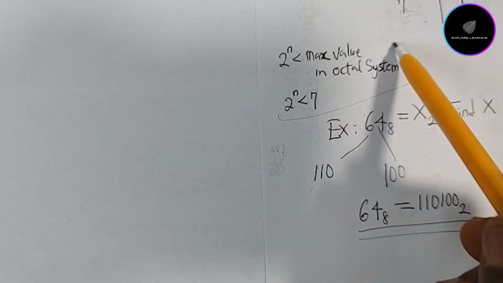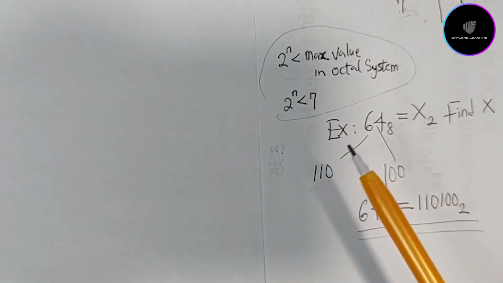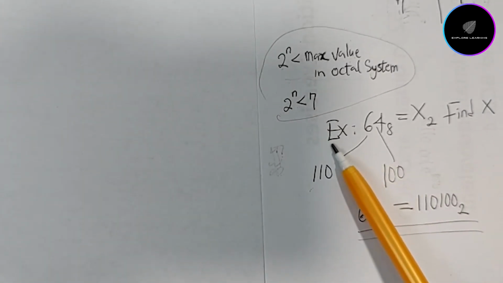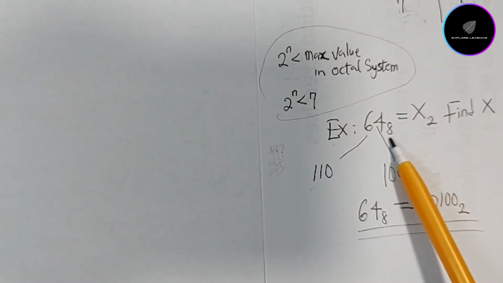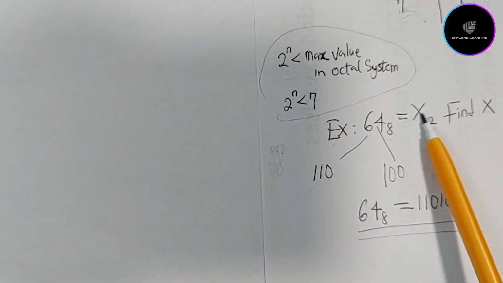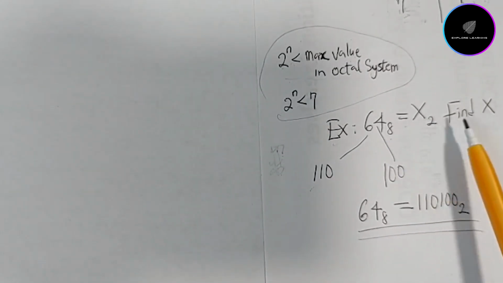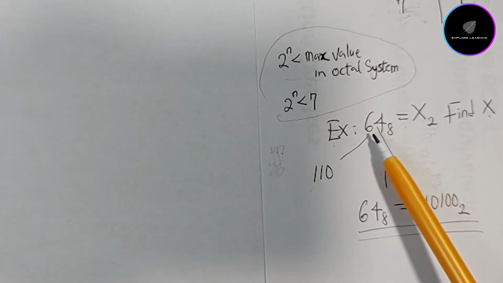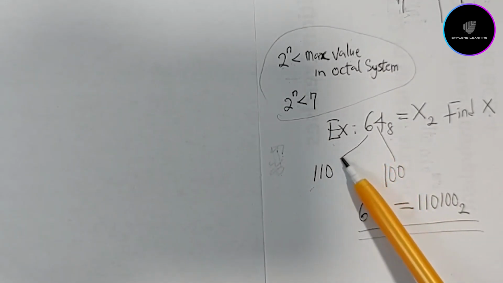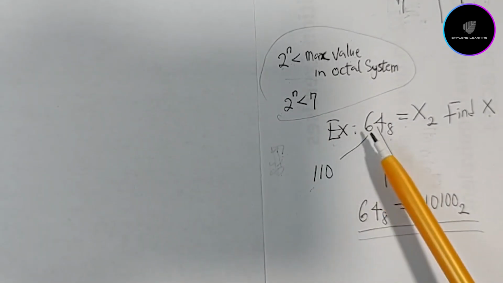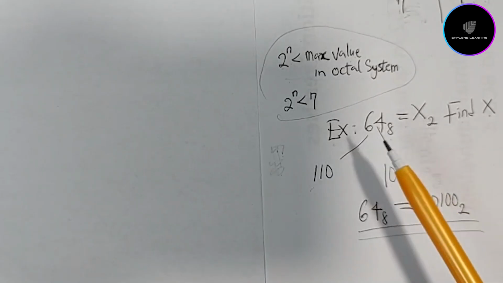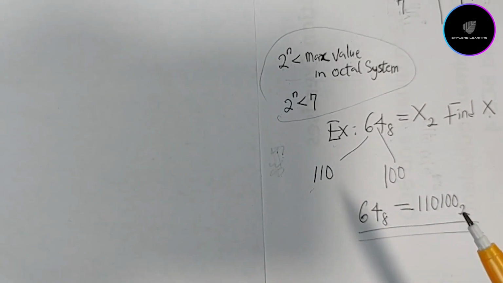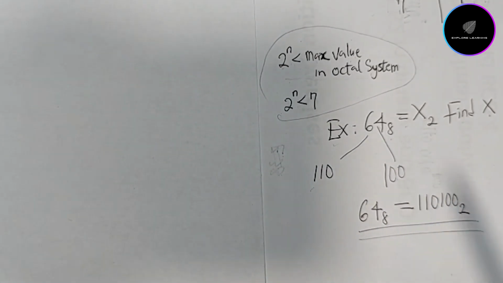Alright. So let's take this first example that says 64 base 8 equal to x base 2, find x. Now we're using the direct method, which is very easy. All we need to do is to assign the binary bits individually to each digit and then combine them together, and then we can get the result.